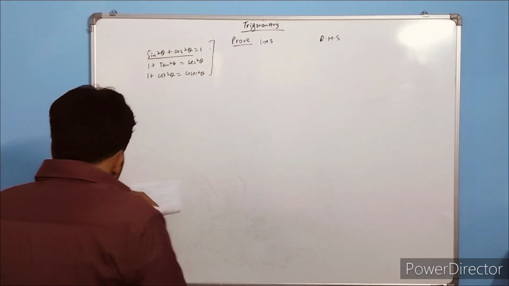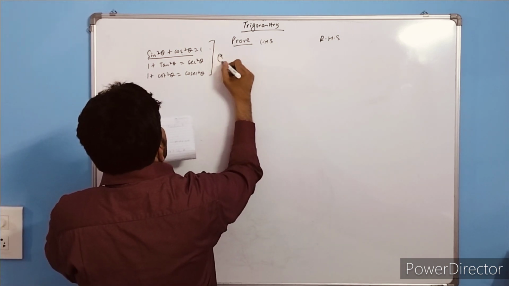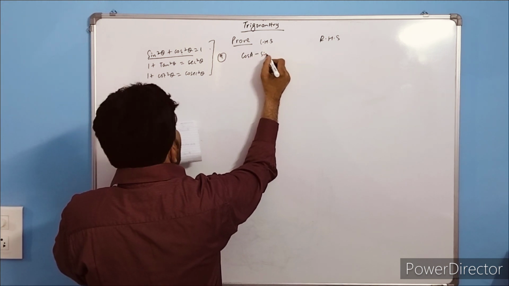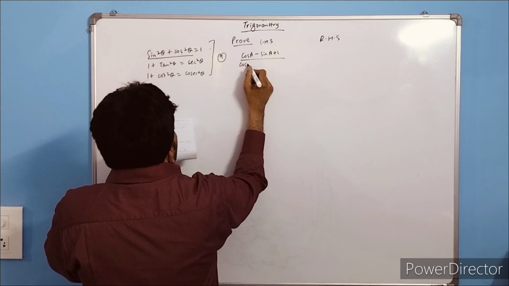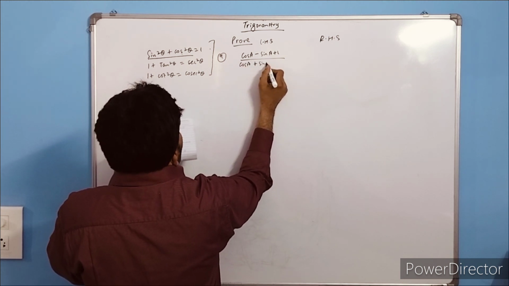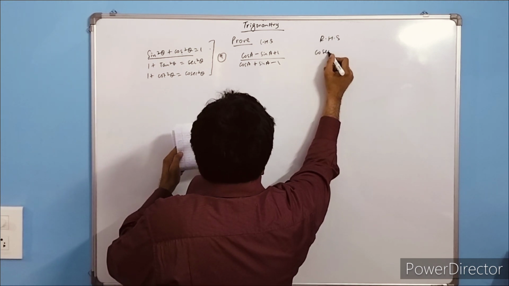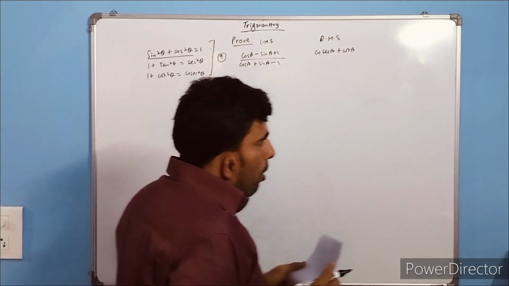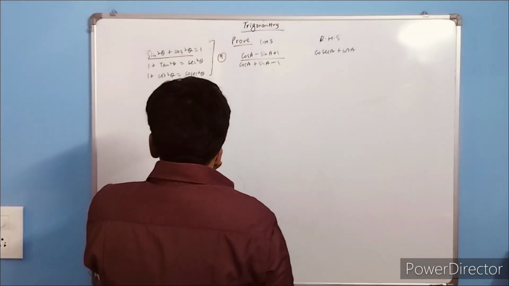Okay. Now let us take this numerical. Sorry, is it the 9th numerical? (cos A minus sin A plus 1) upon (cos A plus sin A minus 1), and in the RHS they have given cosec A plus cot A. Okay, so now we need to sort it out.